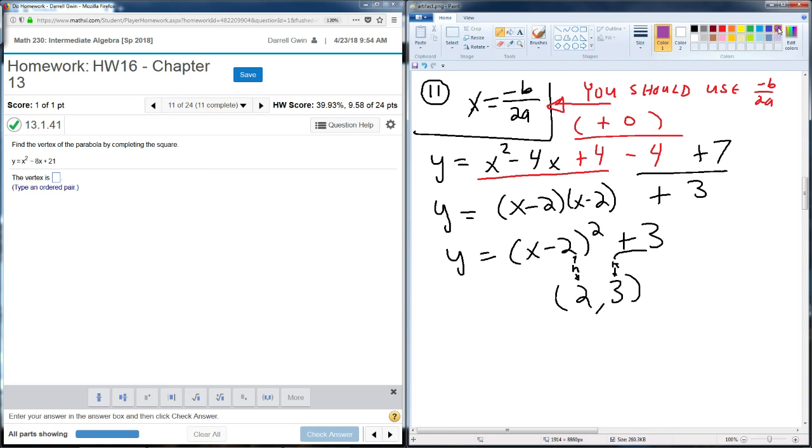Let's fix that. It's a 21. Did I get minus 8? No, minus 8. Why did the whole problem reset? Let's do that again. Where's my eraser?